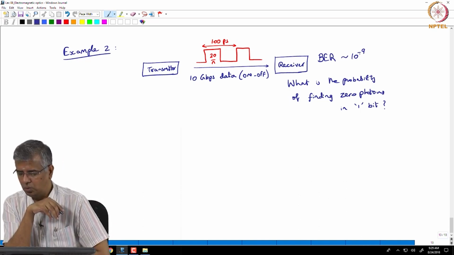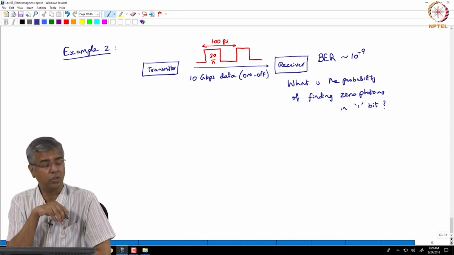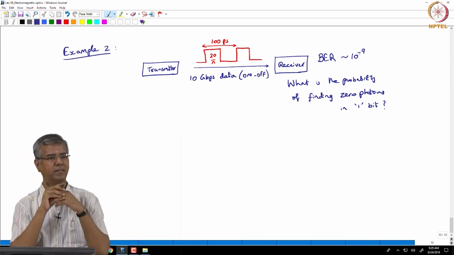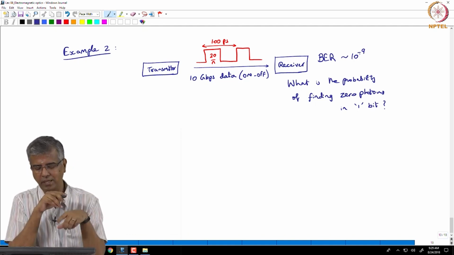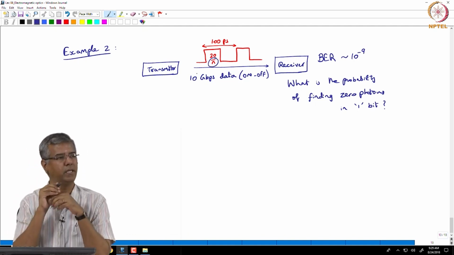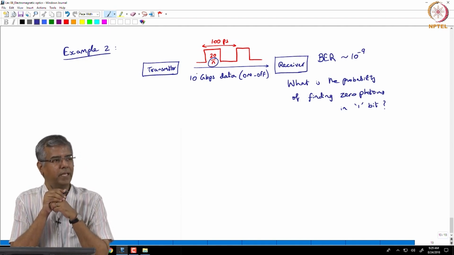So we are trying to achieve that, and to achieve that you need to understand what is the probability of finding 0 photons in a 1 bit. It is given that you are transmitting a mean number. So the key point is this n bar is actually a mean number of photons of 20.